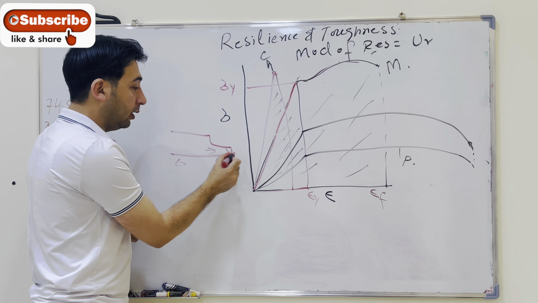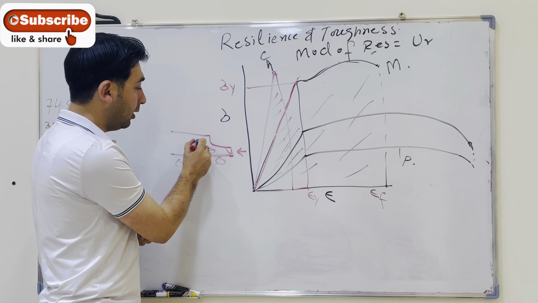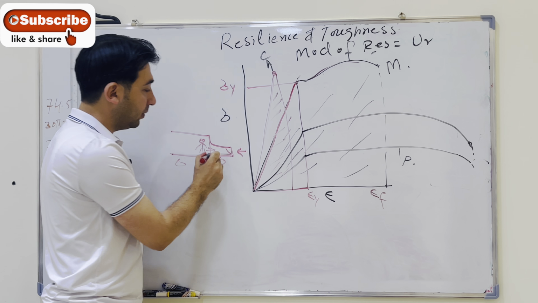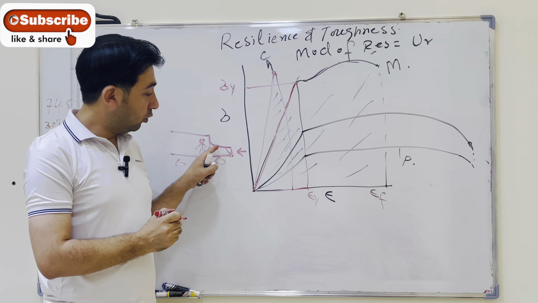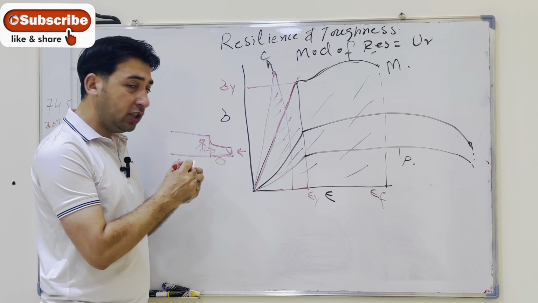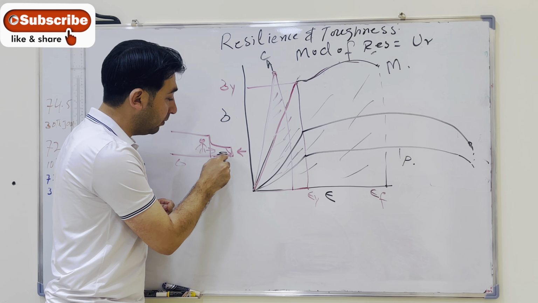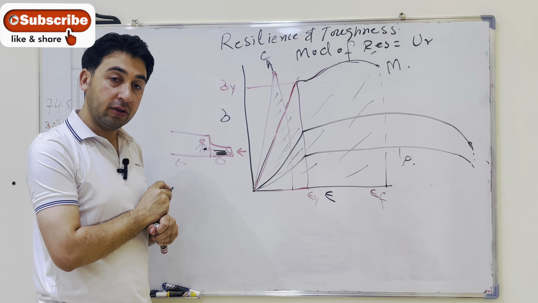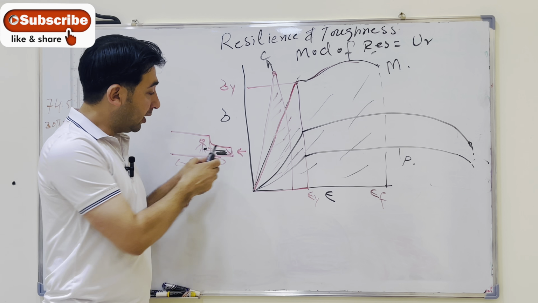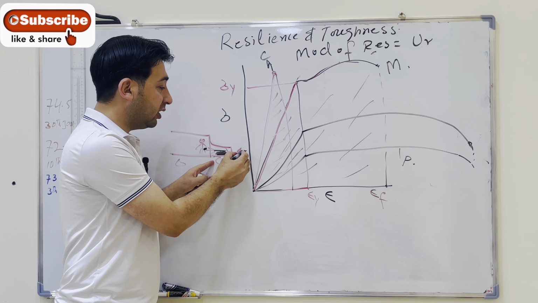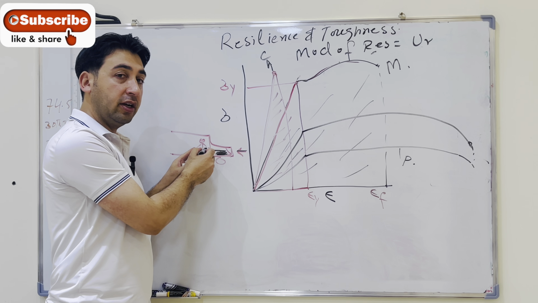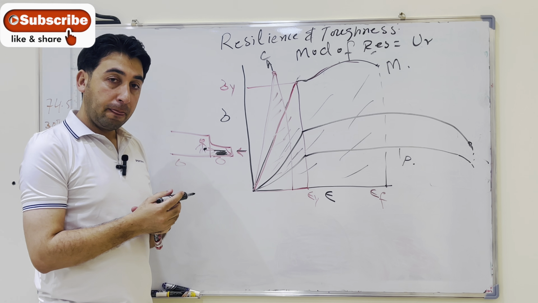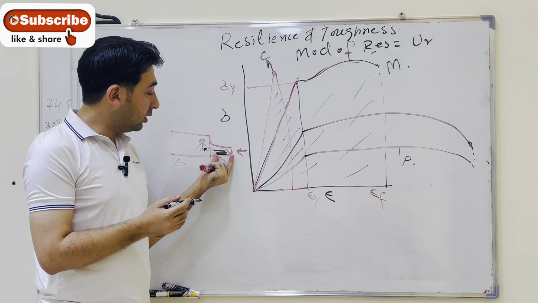If it hits something and the passenger is here, and the material in this region is tough, then even if it hits something, the energy will be absorbed in this region, and very little energy will be transferred to the passenger or driver, right. But if this material is not tough, all the energy coming from here will be transferred here, and the driver will be in great trouble. So we need to use tough material here.